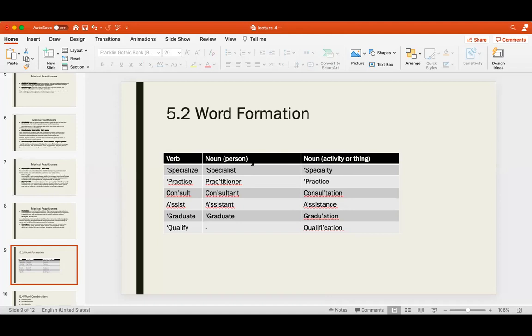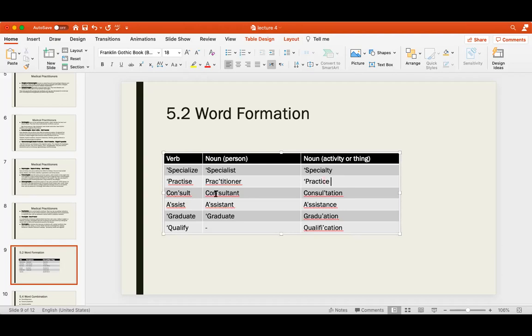So we will say the person and the activity or the thing. Like we have practice, practitioner, and practice with C. So here we have practice with S means to practice. Practice with C means the noun itself.